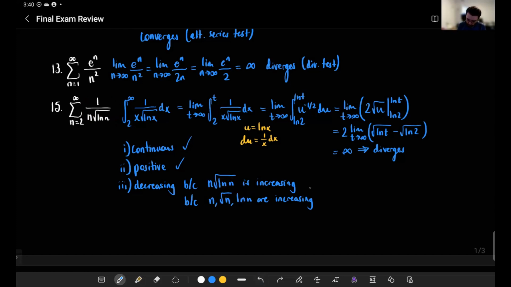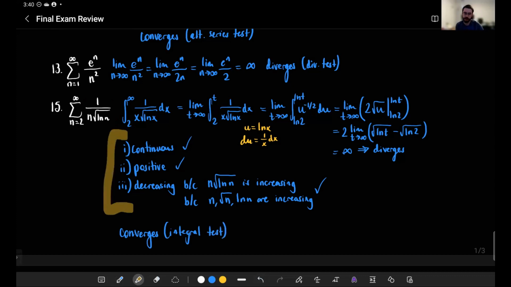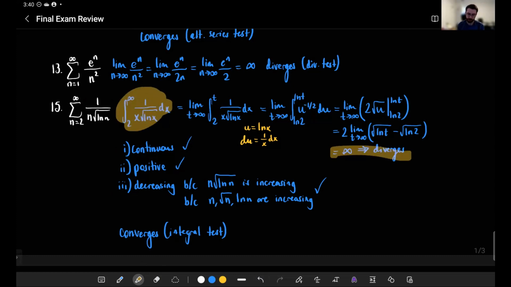So a lot of weird rules there, but that checks out. And so we get that our series converges by the integral test. So you can be sort of hand wavy on these things, but you do have to check them, because those 3 things confirm that whatever happens to the integral happens to the series. Okay, so in that case, we're good.